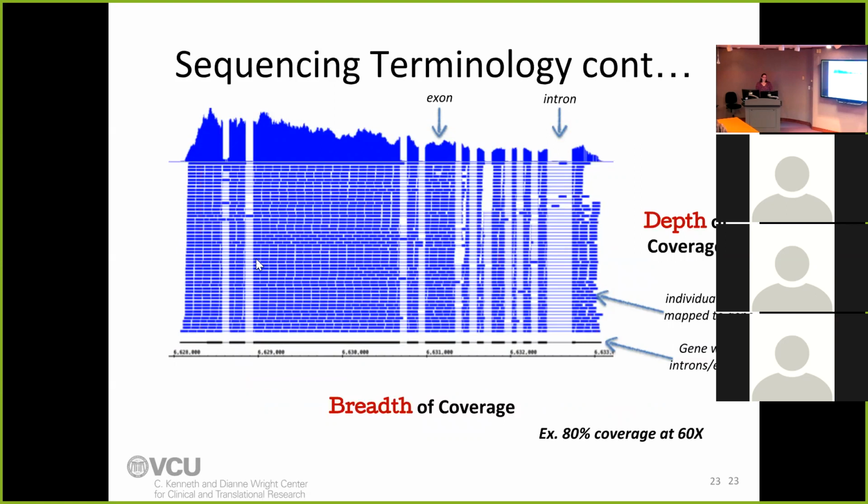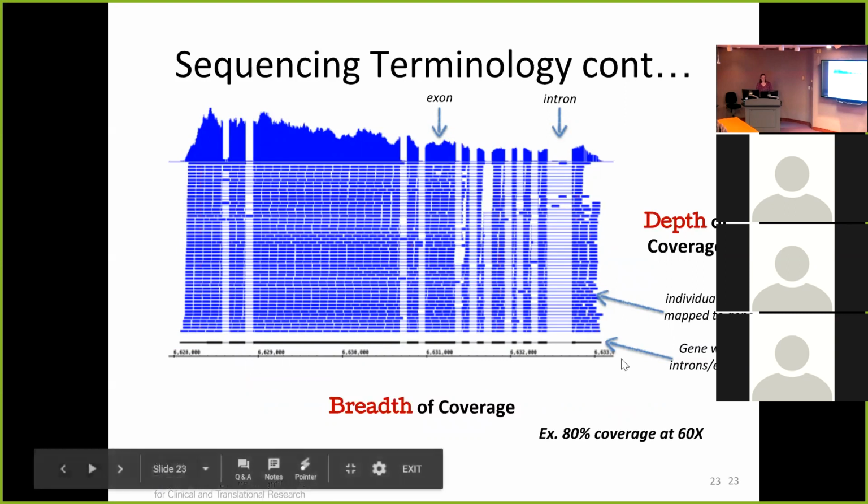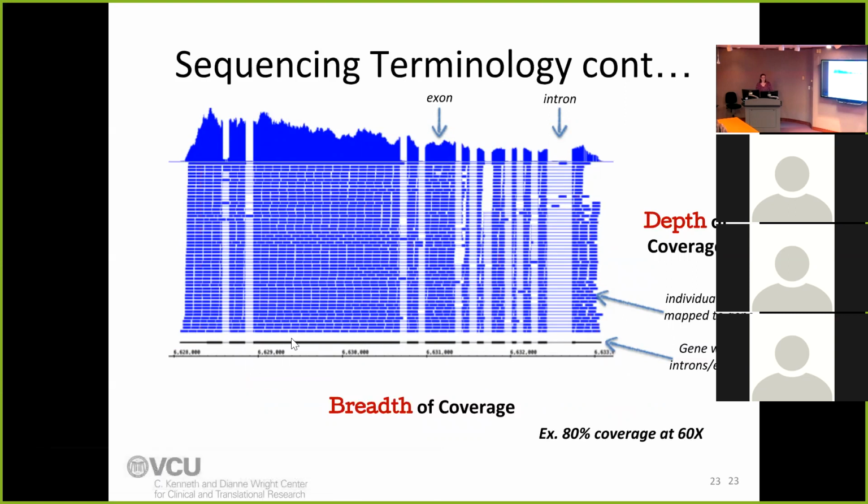So one important terminology to go along with sequencing is coverage. There's two types of coverage that you'll see in the literature. The first is depth of coverage. So here we have our genome, and this is just an annotation for a gene, where the black bars are your exons, or the parts that actually get translated into the protein, and the thinner bars are those that are spliced out.